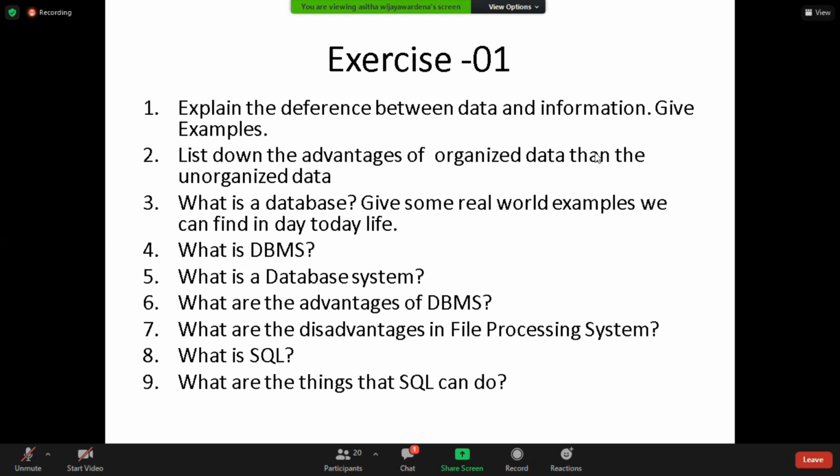But in Oracle, we use a different flavor called PL/SQL, Procedural Language SQL. It is a bit different because it has some programmable features as well. The features of a programming language can also be found in PL/SQL.